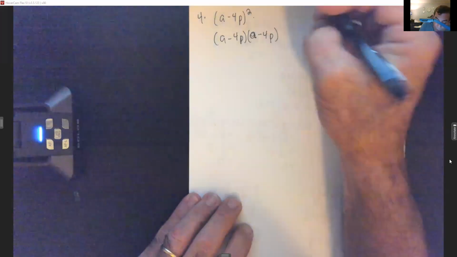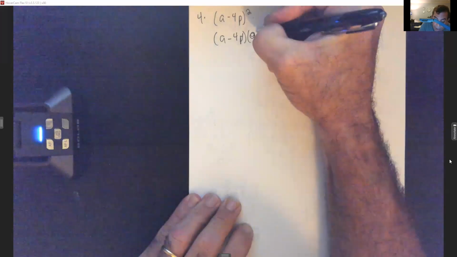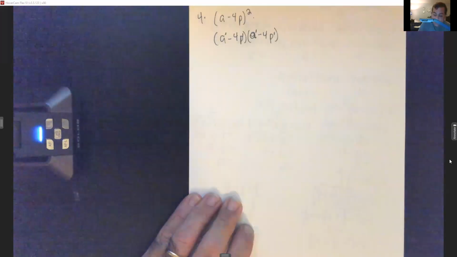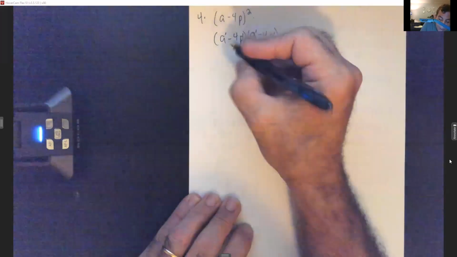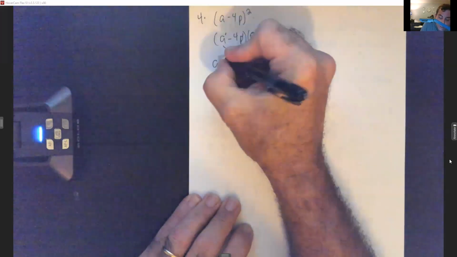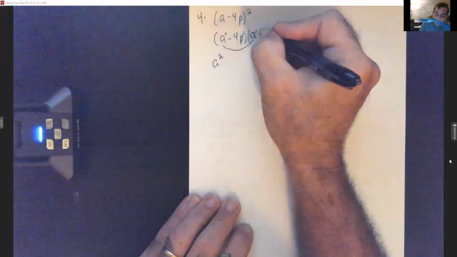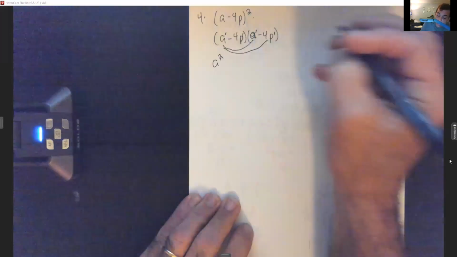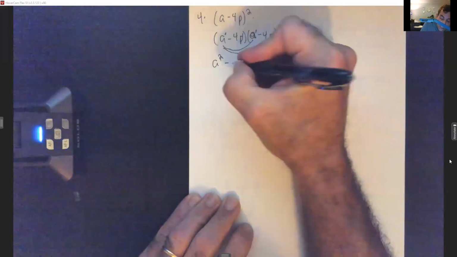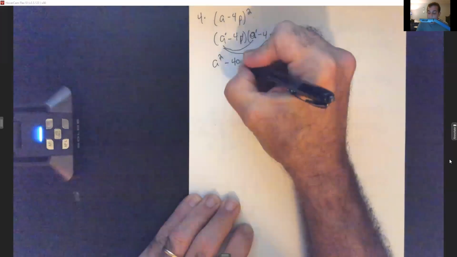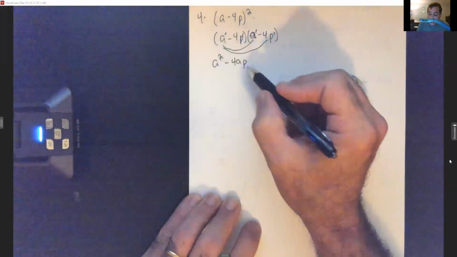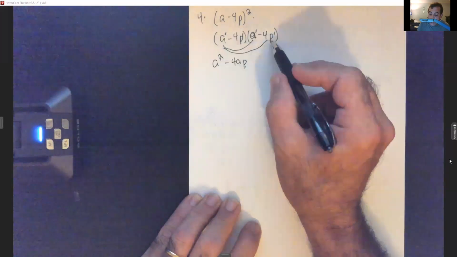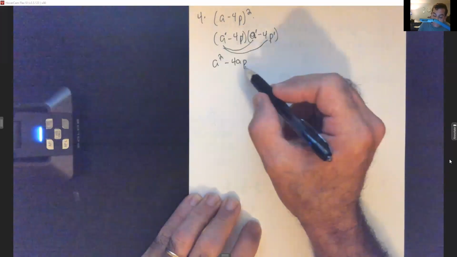So exponents can be 1s on everything that don't have an exponent, okay? So watch this. A times a is a squared, because 1 plus 1 is 2. A times negative 4p is a negative 4AP. So all I did was put the letters in alphabetical order. So the A and P can't multiply by each other, so you just put them in order, okay?